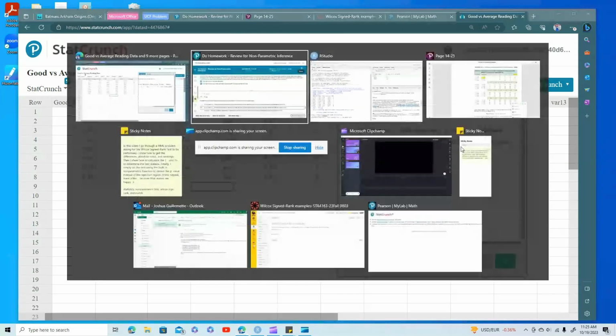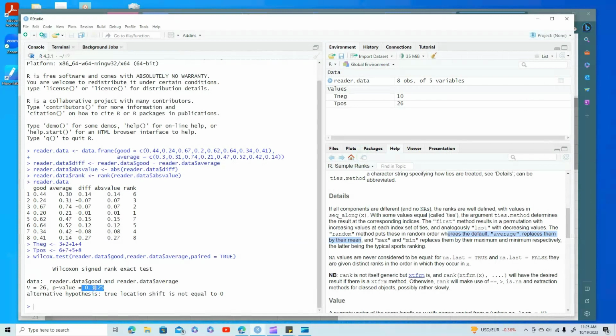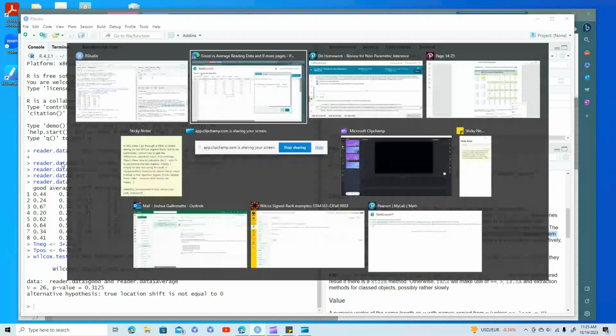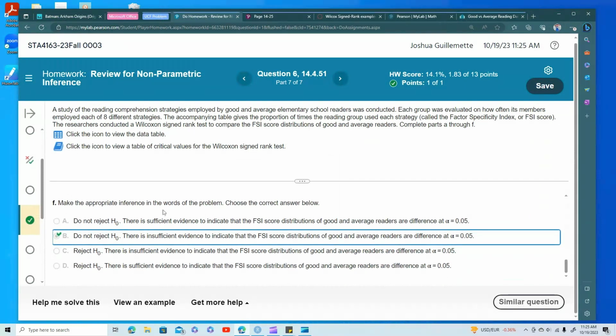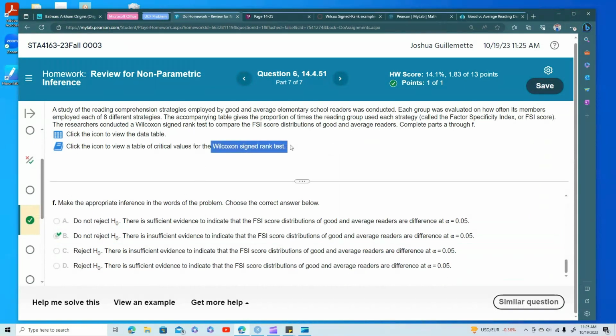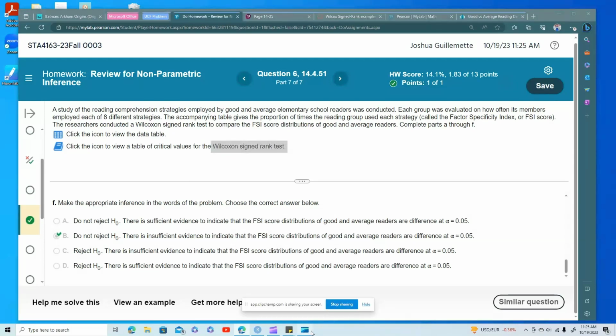It's 29 instead of 31, but still super duper close. And both of those are rejection regions, right? And so that is how you would do the Wilcoxon signed rank test in RStudio.